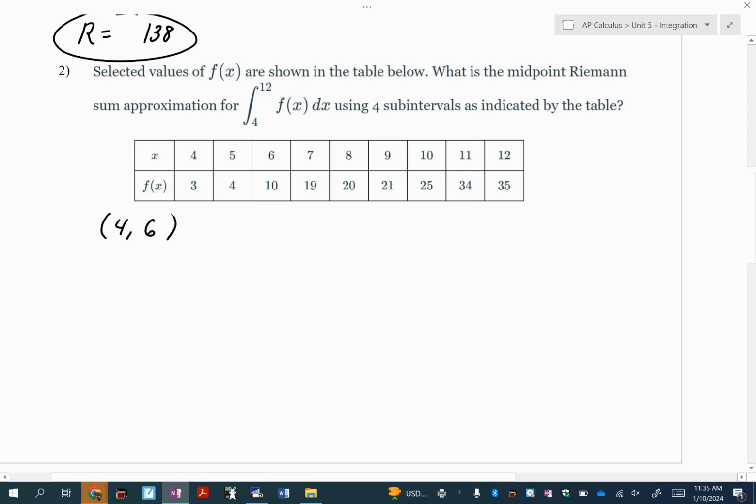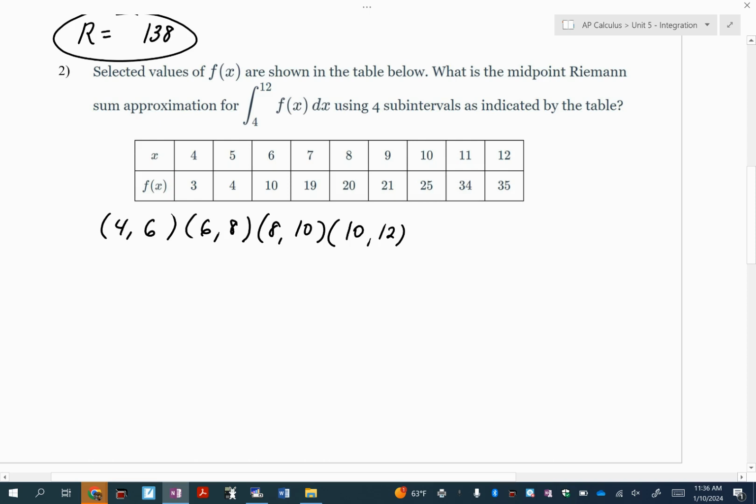Notice what number did I skip? 5, because that is the value I'm using for the midpoint of that interval. Okay, so the next one is going to be 6 to 8. Notice I skipped 7. Then 8 to 10, skipping 9. Then finally 10 to 12, skipping 11.